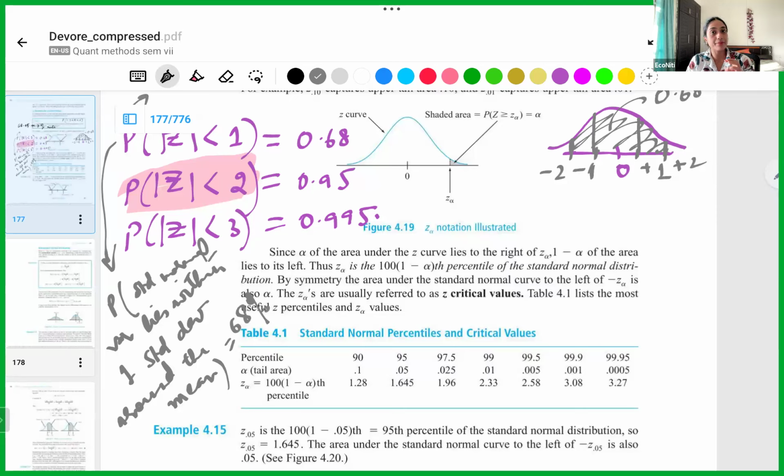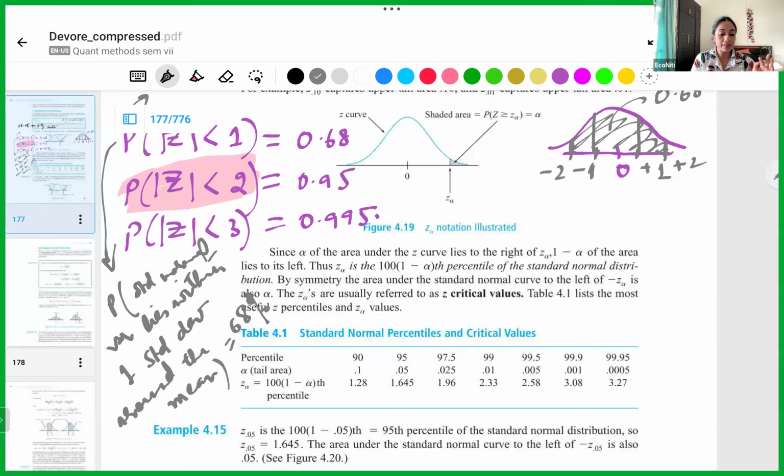There's only a 5% probability that a random variable which has the standard normal distribution will actually realize a value that is two standard deviations away from the mean, that is less than -2 or greater than +2.